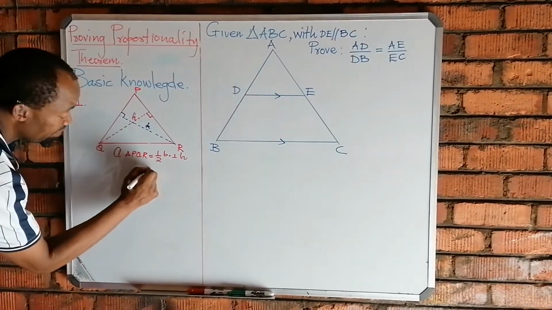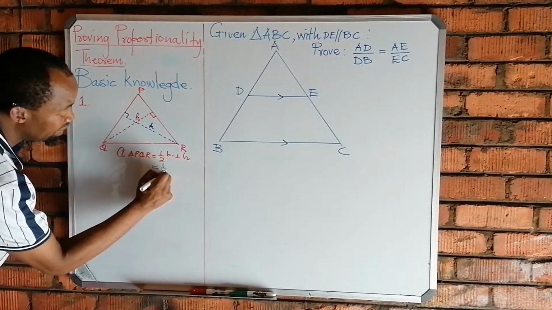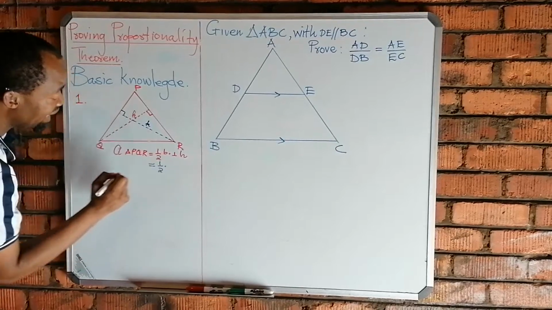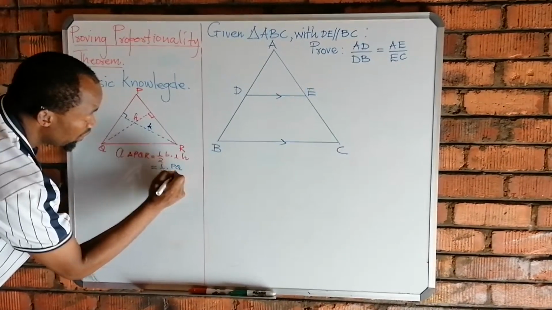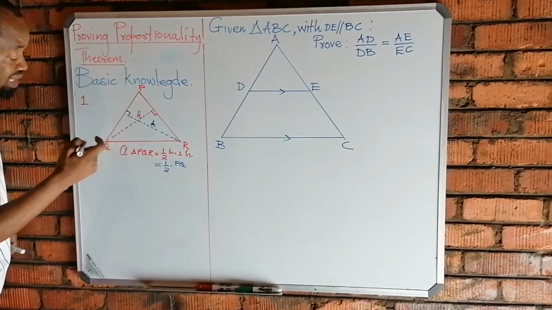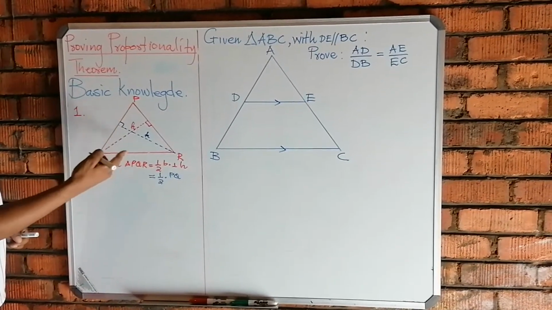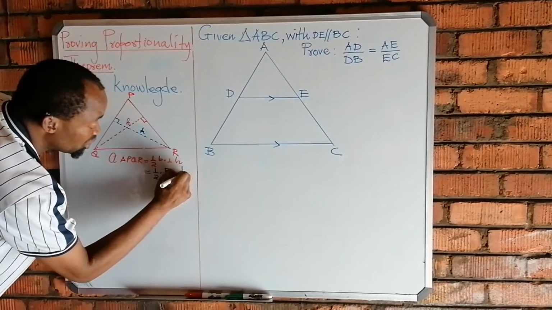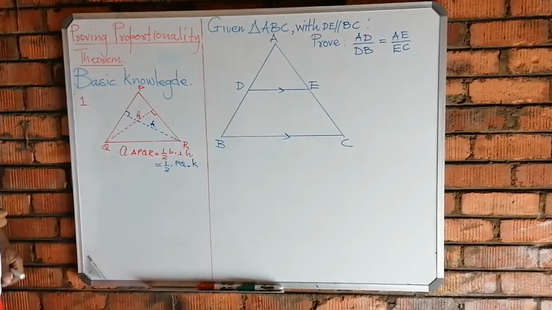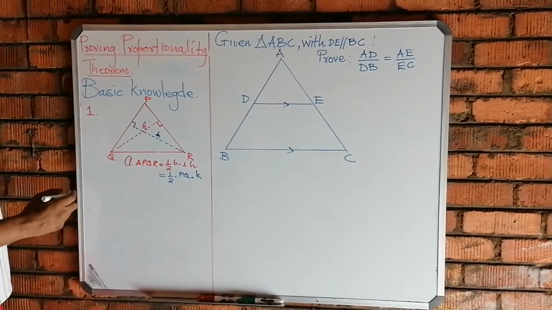Meaning that the area of this triangle can be defined as half PQ, which is the base. Now, if I'm using PQ as the base, the height would be small k, because the height is defined relative to the base.